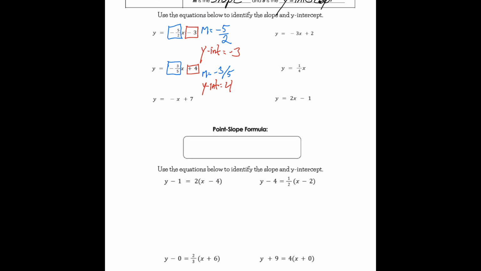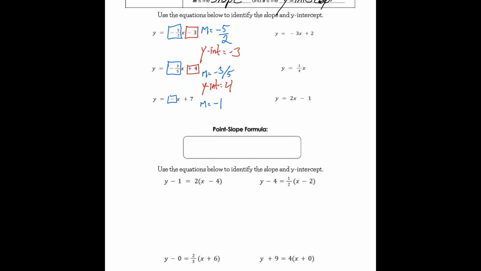All right, here's one that might be tricky for some people. Remember that if it's just a negative sign with no number attached to it, there is an invisible 1. So whenever we just see the negative, our m is going to be -1.